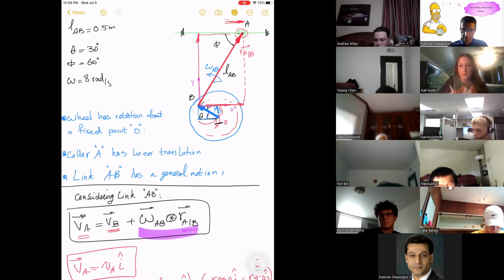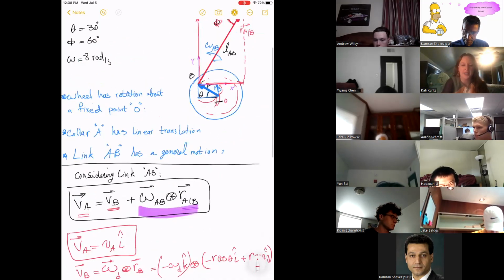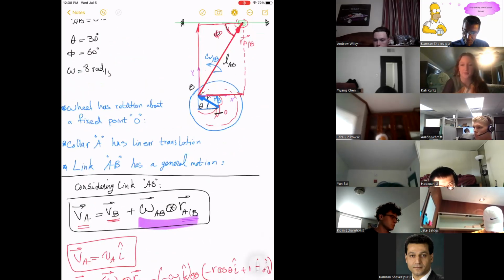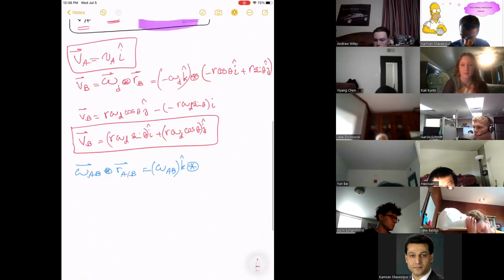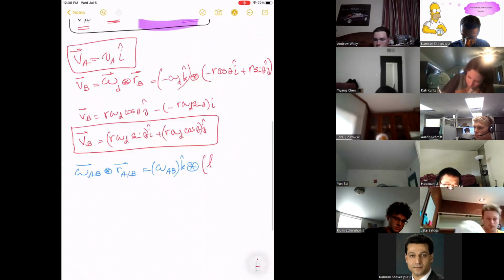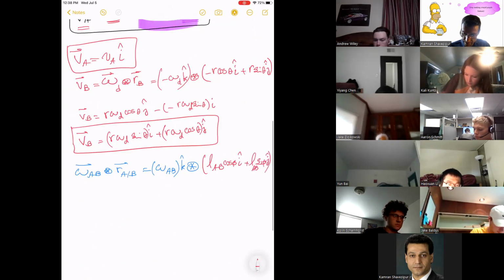Both of them are positive, and I'm going to use this angle phi. So X is going to be cosine phi, Y is going to be sine phi. The length of the vector is LAB, so I'm going to get LAB cosine phi I plus LAB sine phi J, right?